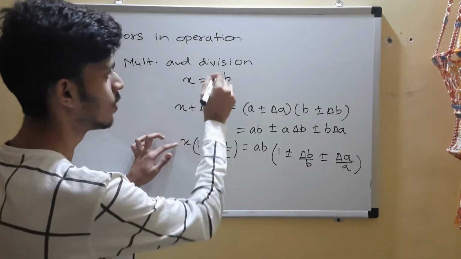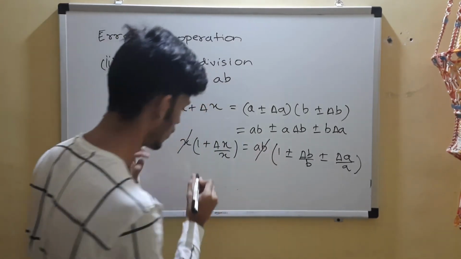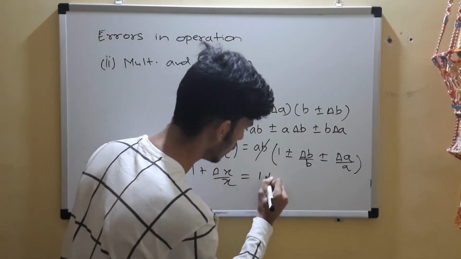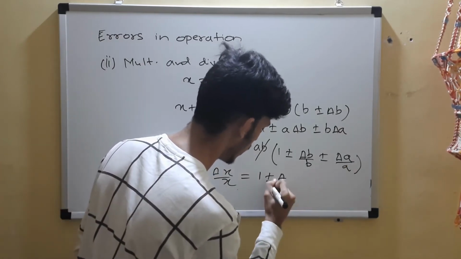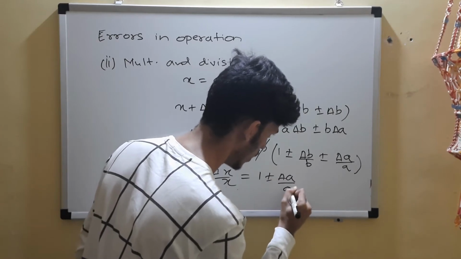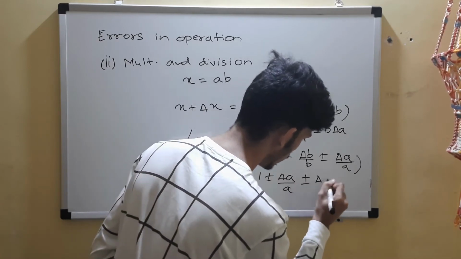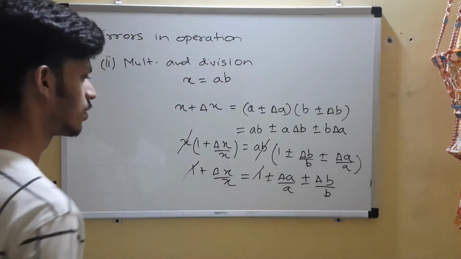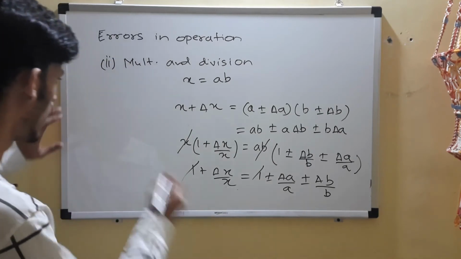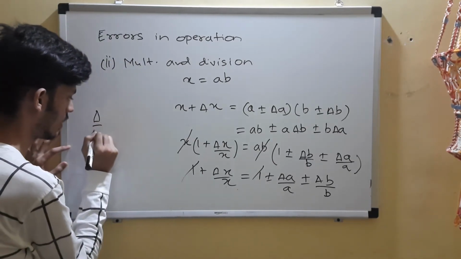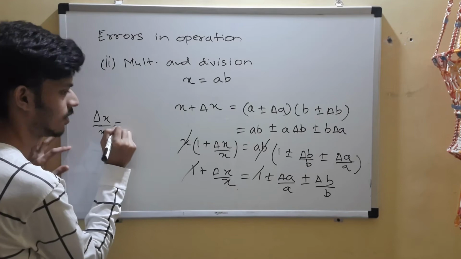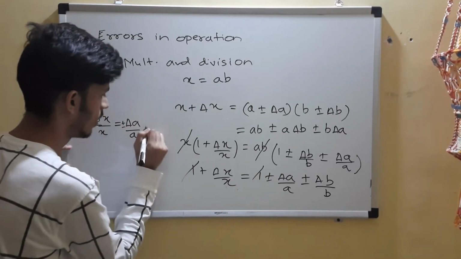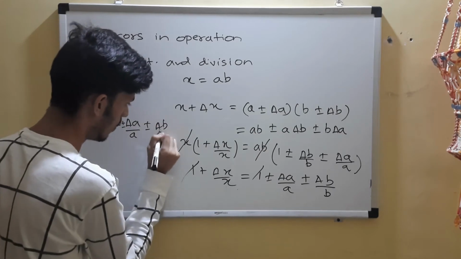So x was equal to ab, cancel, so you have 1 plus delta x by x equals 1 plus delta a by a plus delta b by b. 1 also cancels. So what are you left with? I am left with delta x by x equal to plus minus delta a by a plus minus delta b by b.